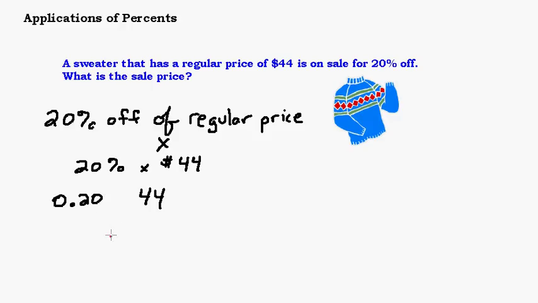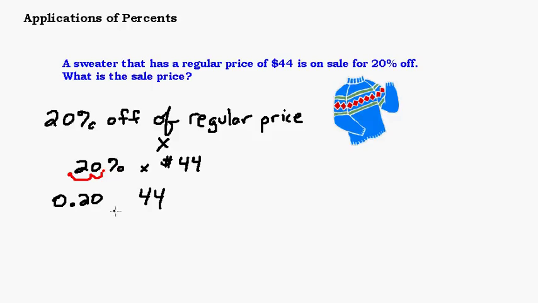Now you may have heard before to move your decimal 2 places, and that is exactly right. So in the percent, the decimal's here, and we move it 2 places to the left to come up with the decimal form. I think it's good to review why, though. And the reason why, again, is because percent means per hundred, and 0.20 is 20/100ths. So you're converting that percent to a decimal.